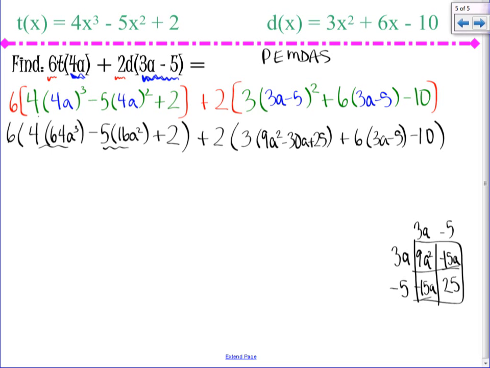Okay, so calculators out would help speed this process up a whole bunch. So let's figure out what these all three terms are. We've got 4 times 64.